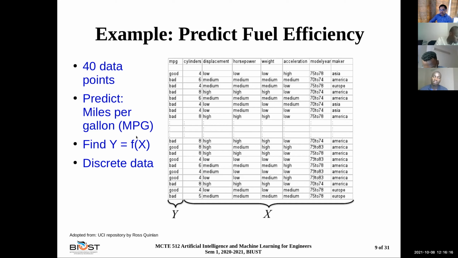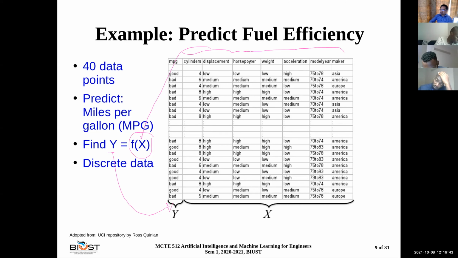And then this is the function f of x. So given the input x, which is all these parameters, that's the input. We want to know the function f, which is the decision tree that will give us the output y. Okay, so I hope it is clear.